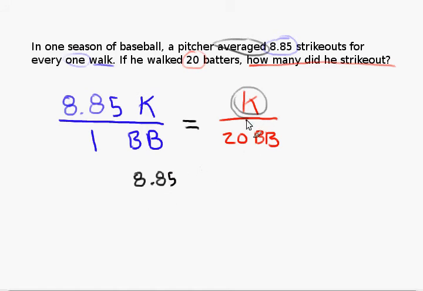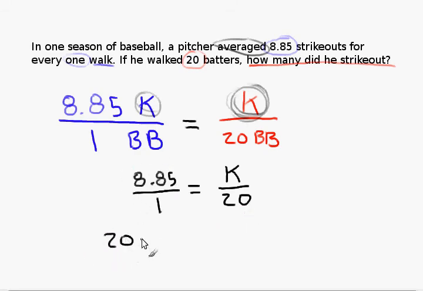We're using what we want as both a variable here and a unit. So it's nice to rewrite it with the units out of the way. Well, this is simple enough. We're just going to multiply by 20. So he had 20 times 8.85, 177 strikeouts. Thank you, calculator.